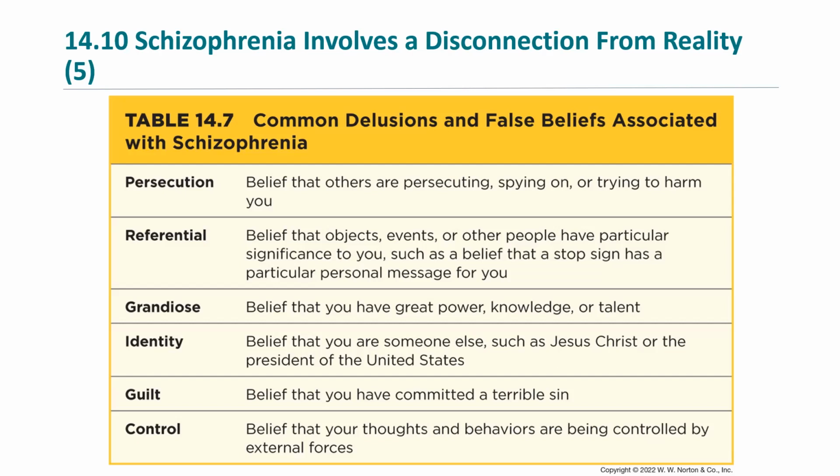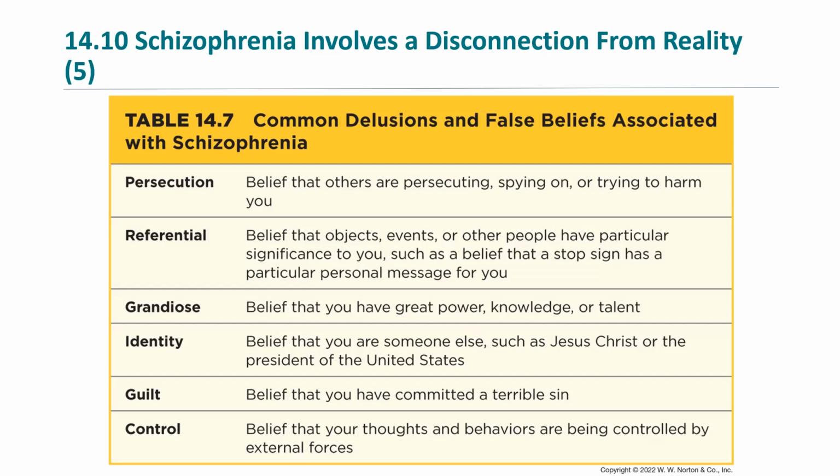Anyways, referential is the belief that objects, events, or other people have particular significance to you. The example here is maybe a stop sign has a particular personal message for you. Grandiose, or delusions of grandeur as they're sometimes called: you have great power, knowledge, or talent.